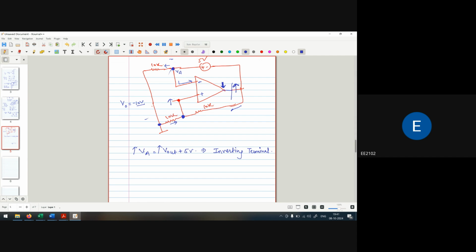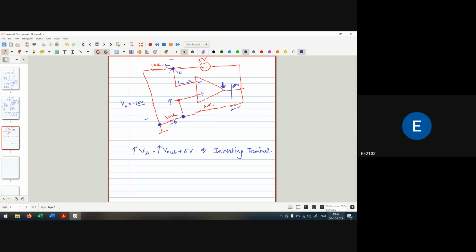For example, we have two signals. One signal is higher, one signal is lower. So is the effect of the higher signal high, or the lower signal? The higher signal.